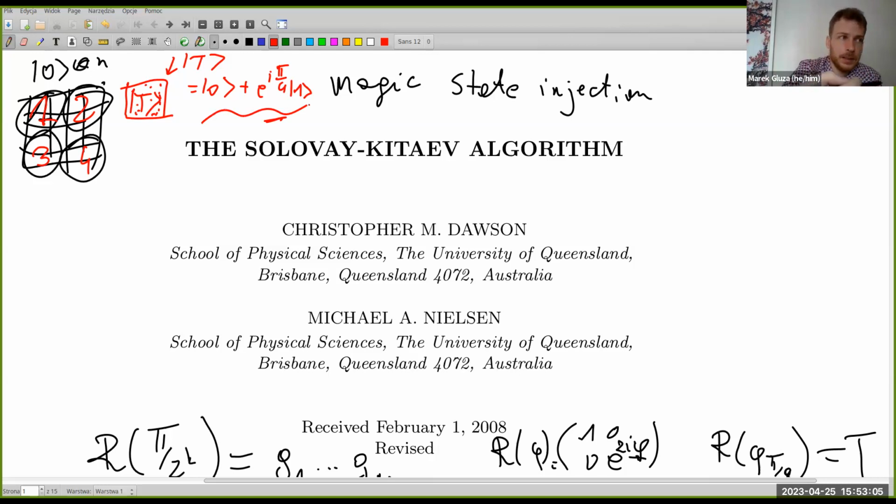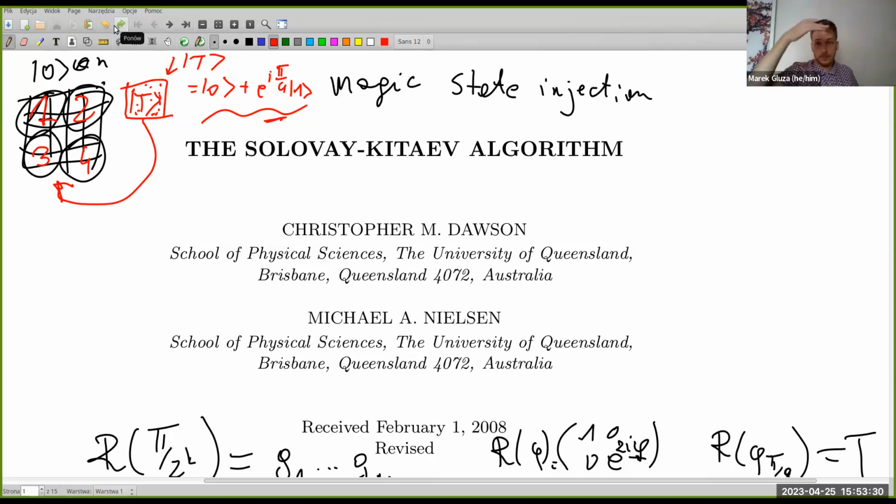You could try to inject it there, but first of all, making it fault tolerant is difficult, and second of all, when you are injecting the gate using that state, which is magic state injection, you are then doing the T gates. I can use this state to perform the T gate, for example, on this qubit.